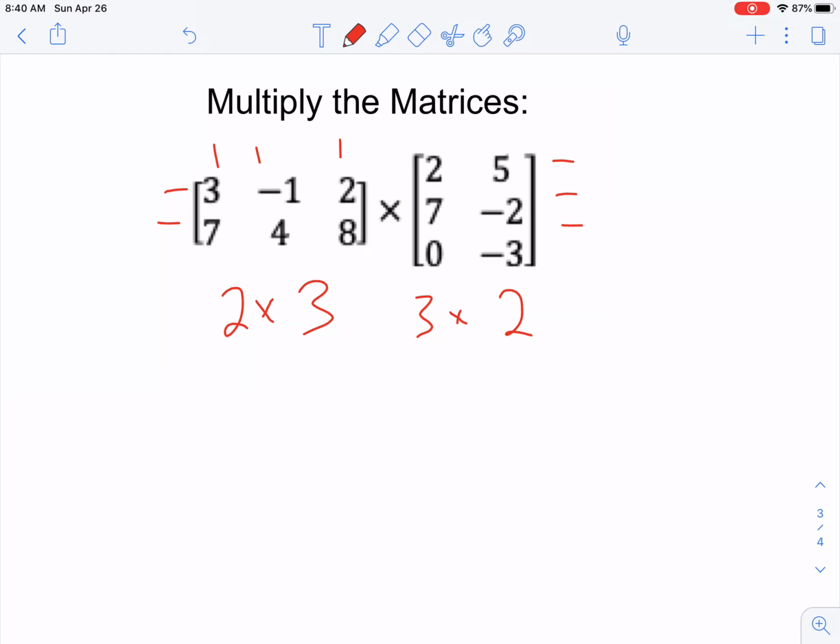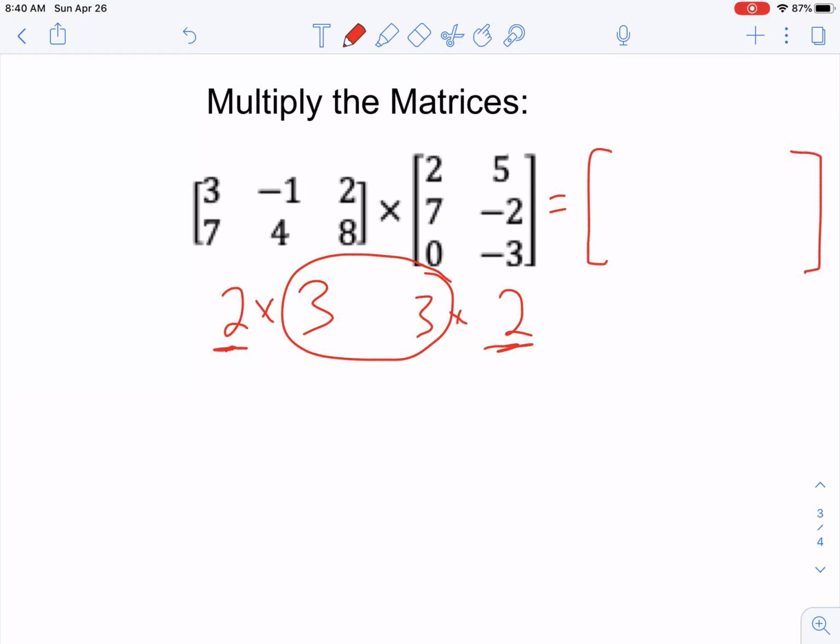The middle numbers are the same, so I can multiply them. And so my resulting matrix is going to be 2 by 2. It has 1, 2, 3, 4 elements to it.